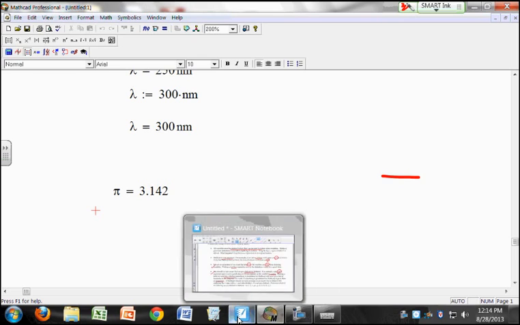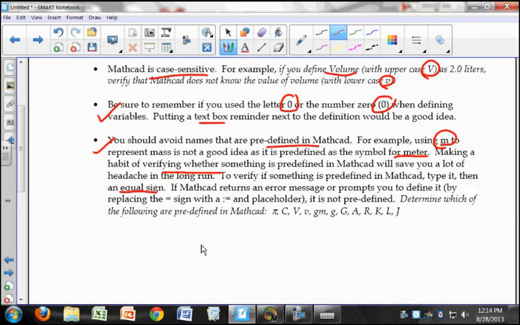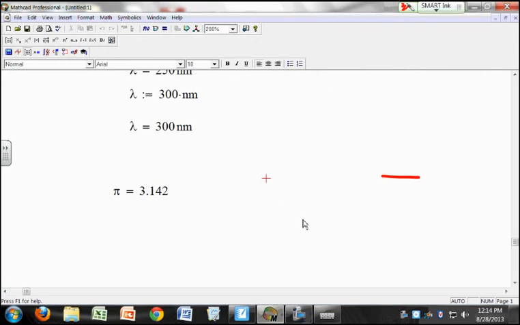Now, one particularly annoying definition Mathcad makes is g. If you type g, g is equal to 9.8 meters per second squared, acceleration due to gravity.